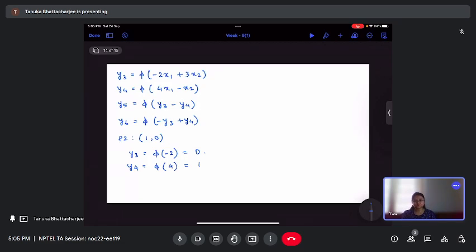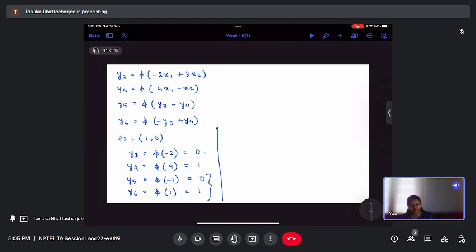Now, using this y3 and y4, you compute y5 and y6. Your y5 is phi of y3 minus y4, that is minus 1, that will be 0, and y6 is phi of minus y3 plus y4, which is phi of 1, that is equal to 1. This is your final output for the pattern 1 0. So for the pattern 1 0, your output is 0 1.